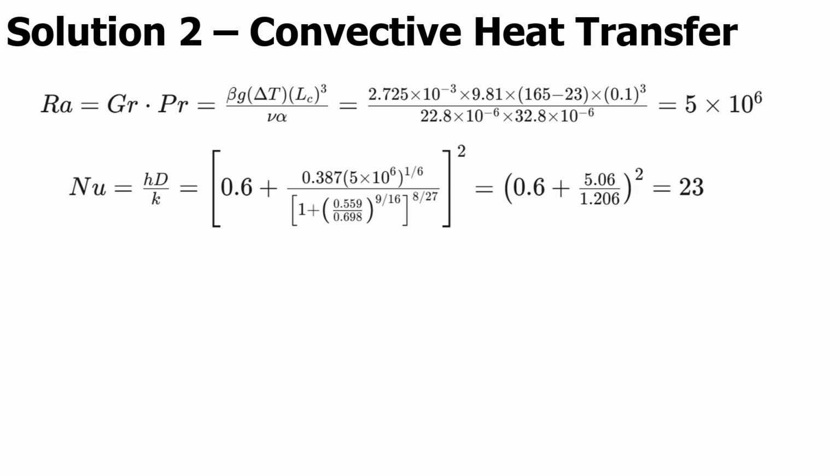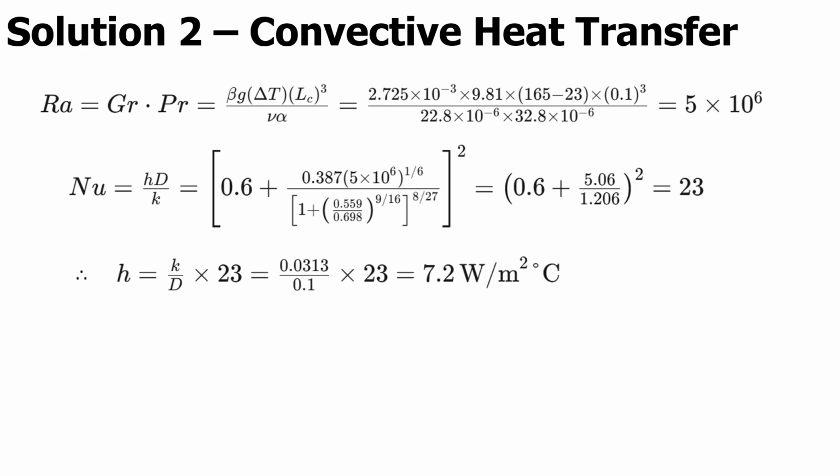So from the Nusselt number, we can now solve for the convective heat transfer coefficient. Rearranging the Nusselt number formula and calculating gives us H of 7.2 watts per square meter degree Celsius.